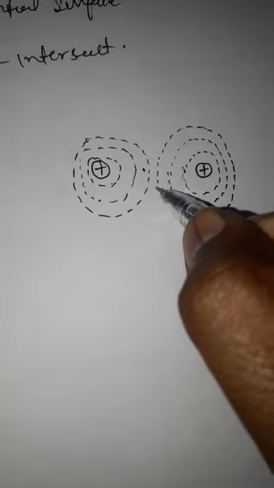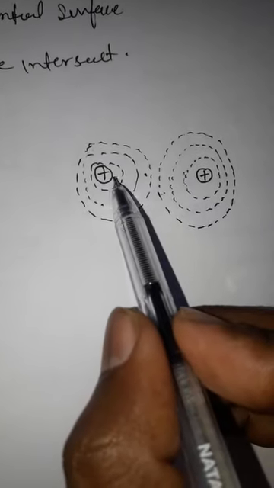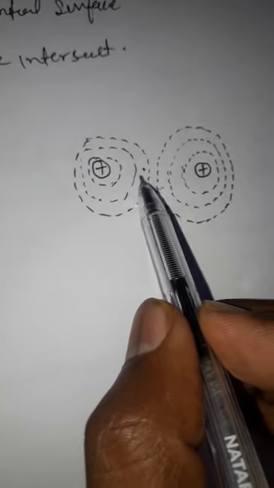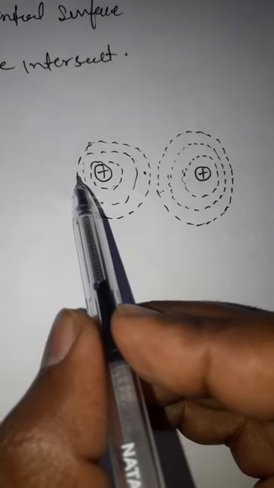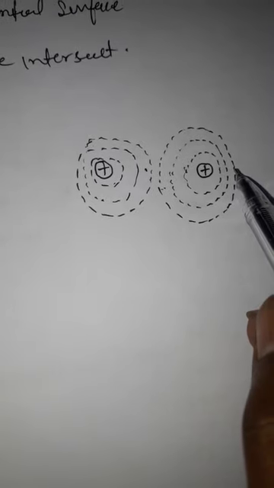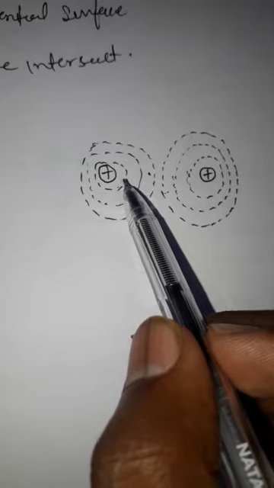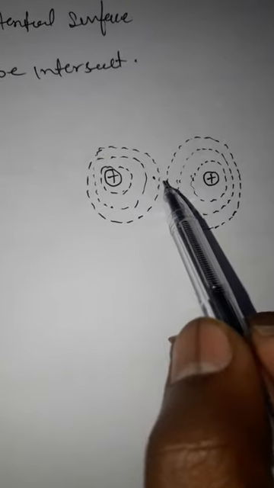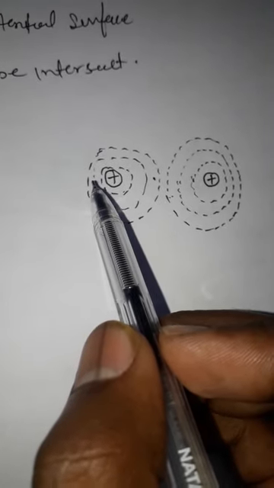So it is clear that in between these two charges these surfaces are far away from each other, and on this side they are very close to each other. Similarly, on this side they are very close to each other. So we can say the equipotential surfaces are far away from each other in a weak electric field, and close to each other in a strong electric field.